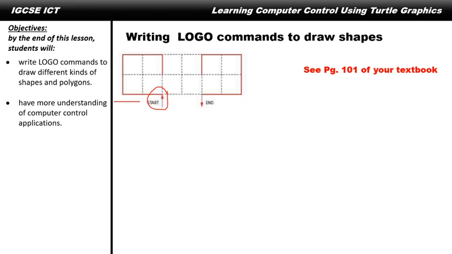Then you turn right. After you finish turning right, you move up. Then you turn right again, you move this way, then you turn right again, you move down. Then when you get to this point, you will notice that the turtle is not drawing any line between this point and this point.